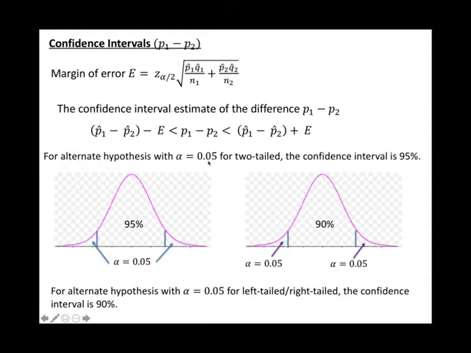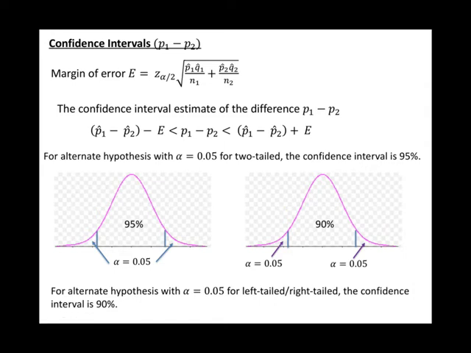I want you to highlight these two sentences in here. Keep in mind, if you're working on the left tail or right tail, then you need to make up one more tail for your significance level to calculate the confidence interval. If you're working on the two-tail and the significance is 0.05, you could just subtract from 1 to find the confidence level in here.